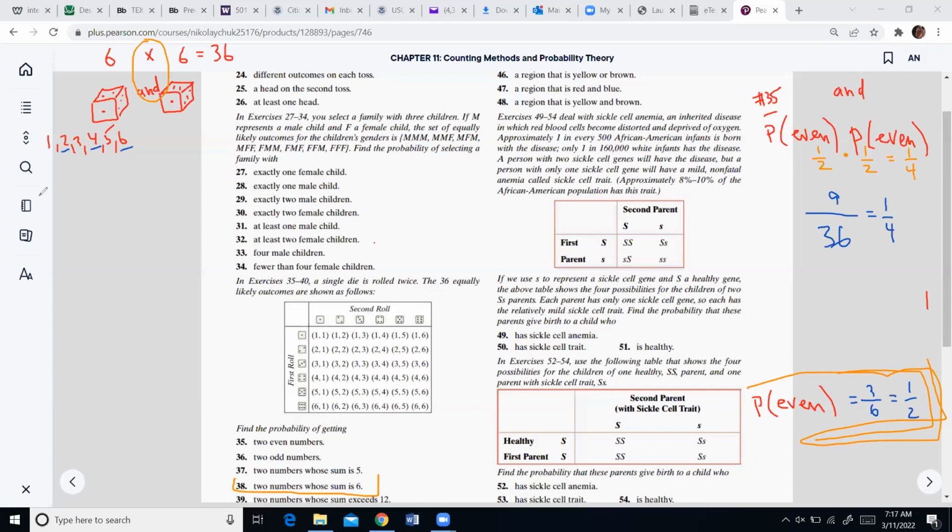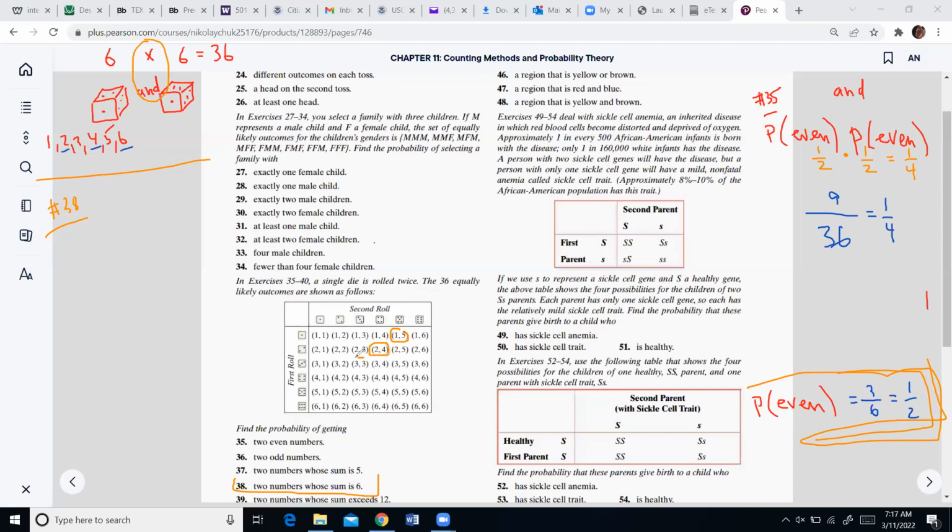That says the two numbers whose sum is 6. So what are they really talking about? Well, please notice that if I look at the first row, then 1 plus 5 will give me 6. So that's the selection. In the second row, the sum 6 will be when I add 2 and 4.